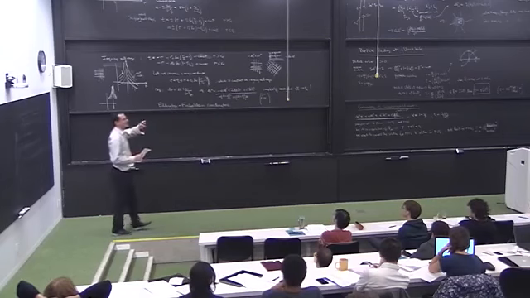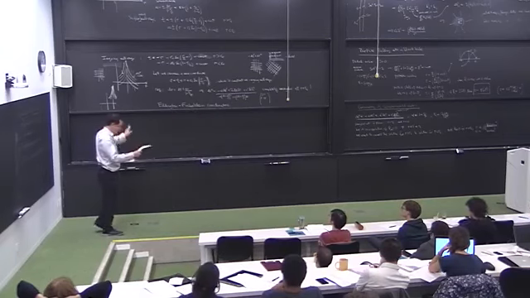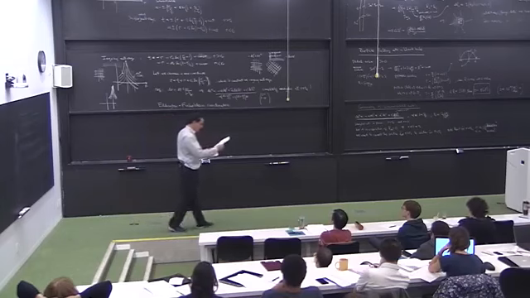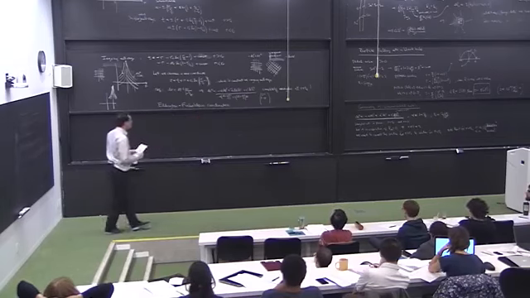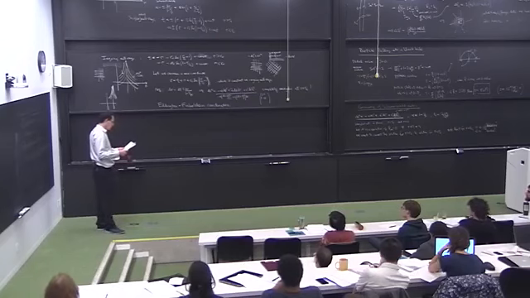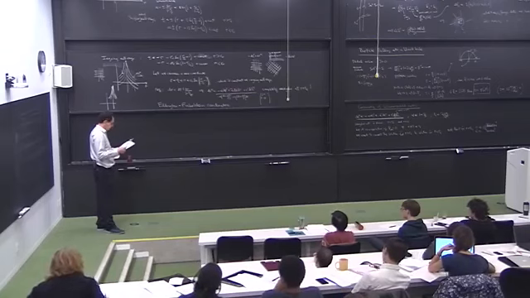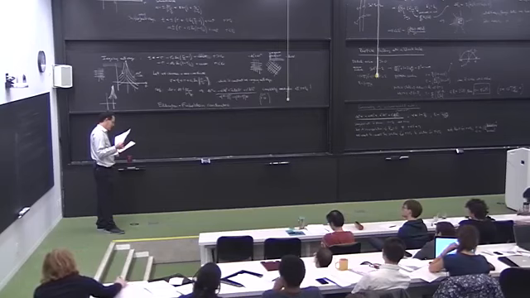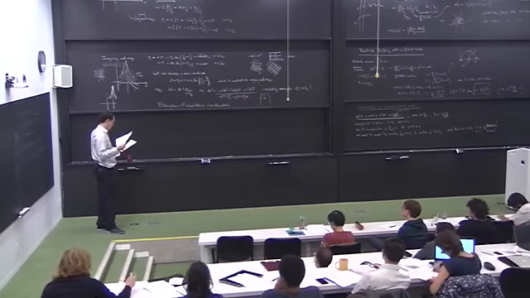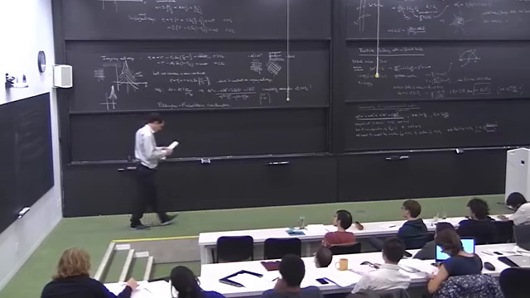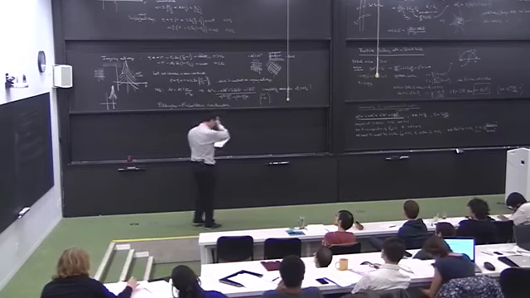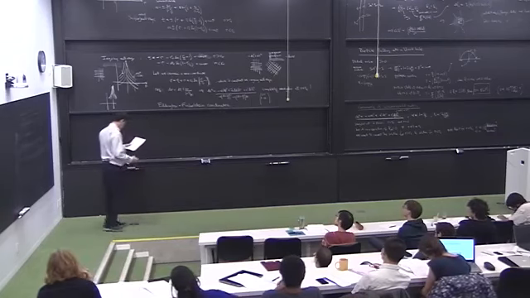Eddington-Finkelstein is a little step towards good coordinates, and I'm about to show you another problem with Eddington-Finkelstein. We'll get to it. So these are not the solution at all. This is halfway.